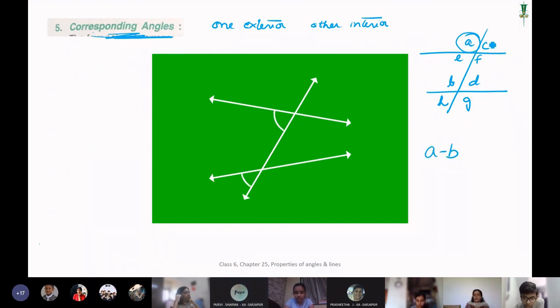What corresponds to F? G. Very good. F and G. What corresponds to B? A. A, very good. So either way I can write it: A corresponds to B, B corresponds to A. What corresponds to H? E. What corresponds to C? D.